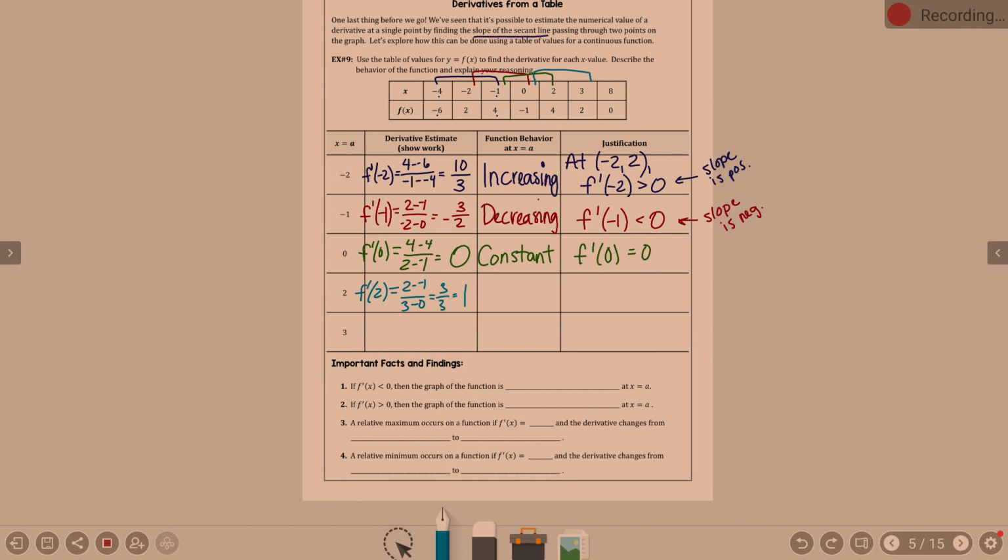Keep checking my math. 1 is positive, so my graph is increasing there. And that's because the derivative at 2 is greater than 0. In other words, my slope is positive.